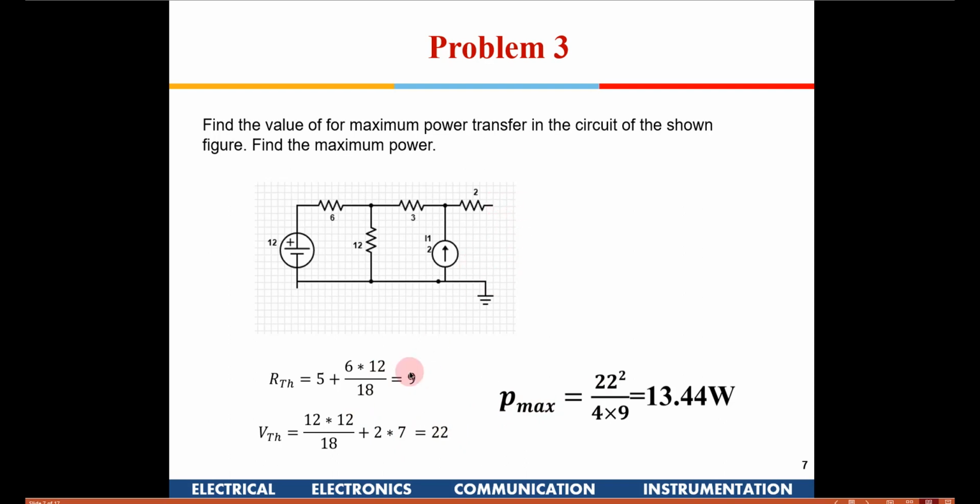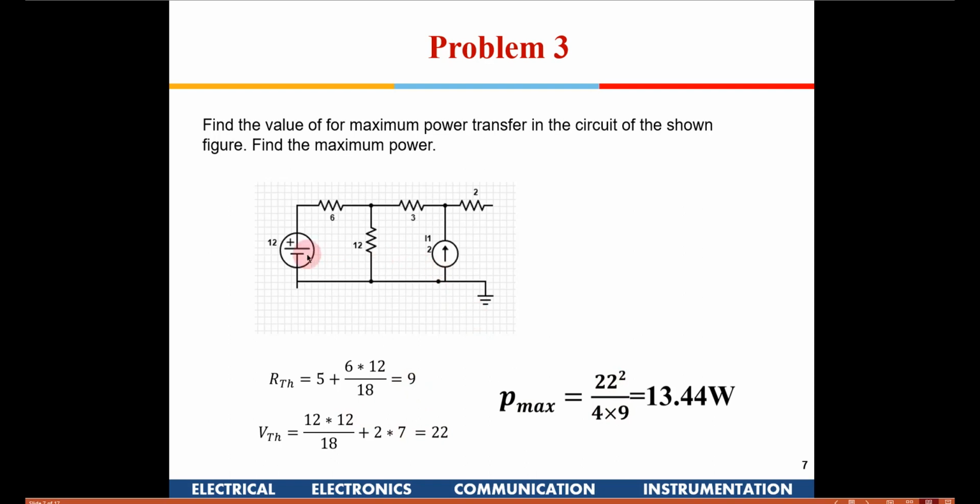Now the load resistance at which the maximum power would transfer is RL equal to 9. That is known, and the maximum power that can be dissipated in RL or transferred to RL will be V square by R. V by 2 will be the voltage available.